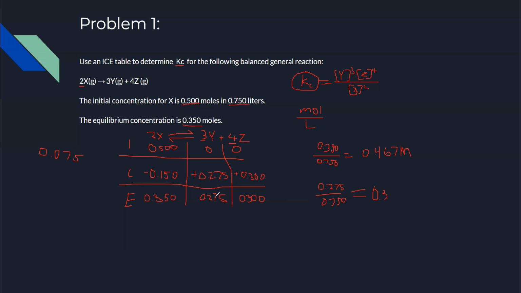Actually, wait, sorry, it's 225, not 275, my bad. And 0.300 divided by 0.750 equals 0.4 molarity.